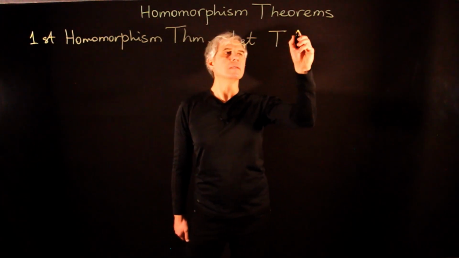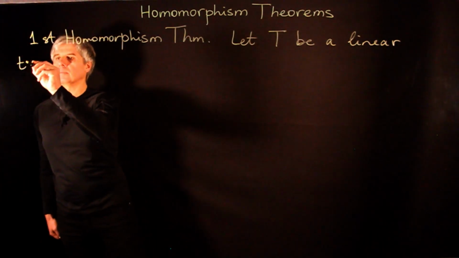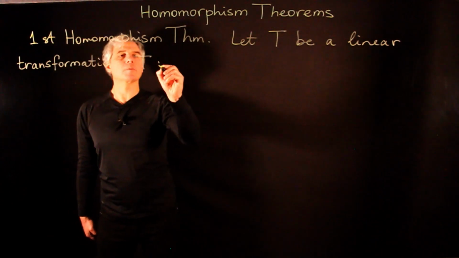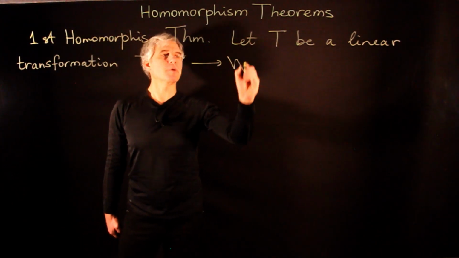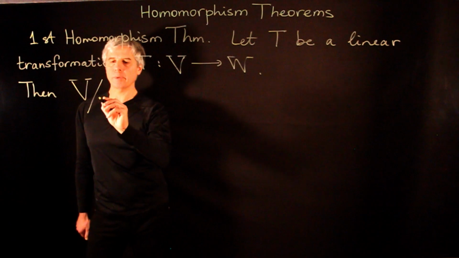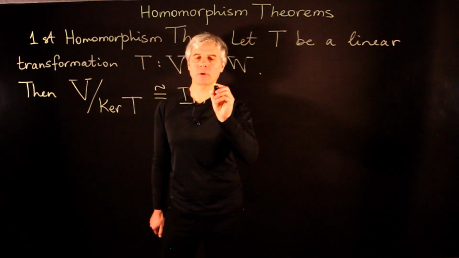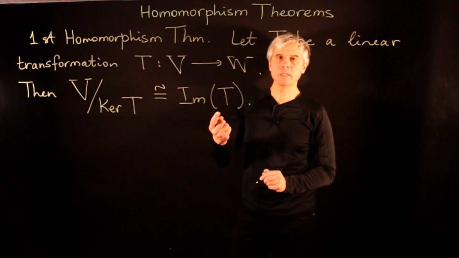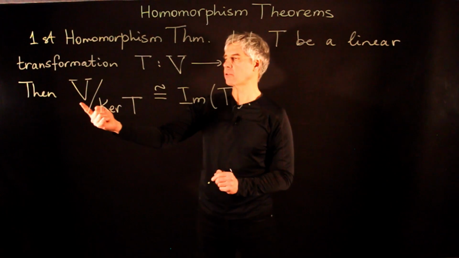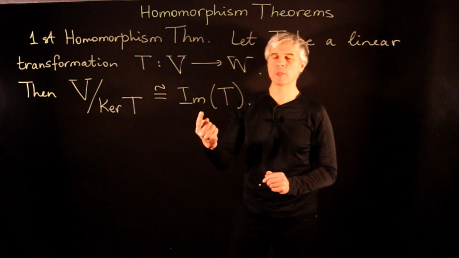So let T be a linear transformation from vector space V into vector space W. Then the quotient of a vector space V by the kernel of this linear transformation is isomorphic to the image of the transformation T. So here, image of T is a subspace in the vector space W, and what we're claiming is that the vector space, which is the quotient of V by the subspace, which is the kernel of T, is isomorphic to the image of T.